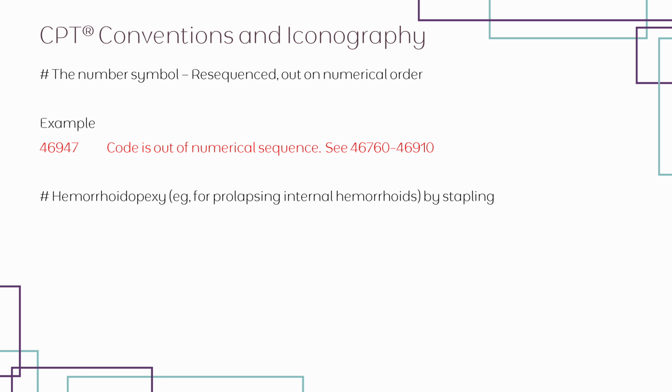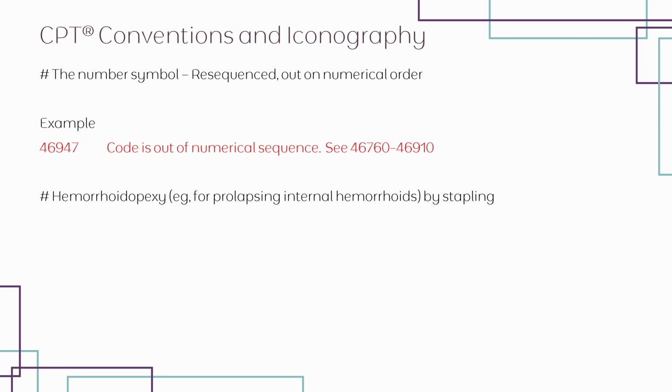If you flip to the end of that section, you will find code 46947 located there. You'll see the pound sign next to the code. This pound sign indicates that the code is out of numerical sequence, but it is placed in this section to keep related procedures together for easier reference.